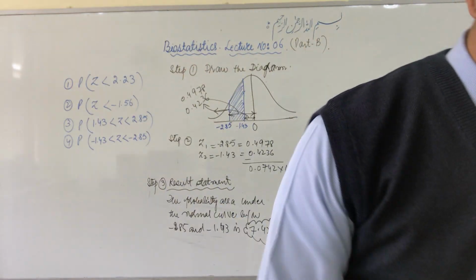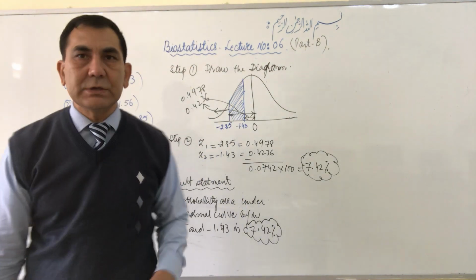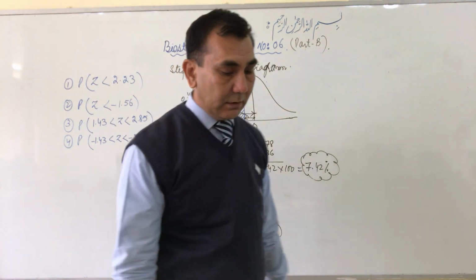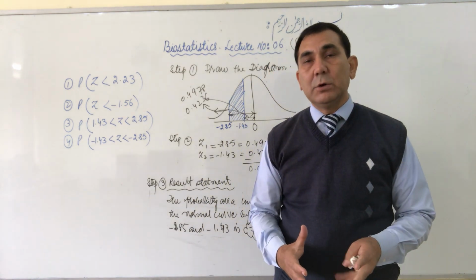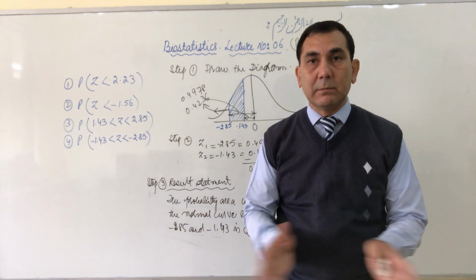I hope that in today's session, we solved different types of values given to find the probability area under the normal curve.